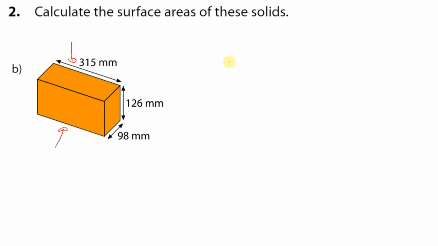So now let's see. The top and the bottom face, namely the bases, will be the same. They are both rectangles. So our surface area, SA for surface area, will be the area of this top face multiplied by 2, as the bottom face looks exactly the same.